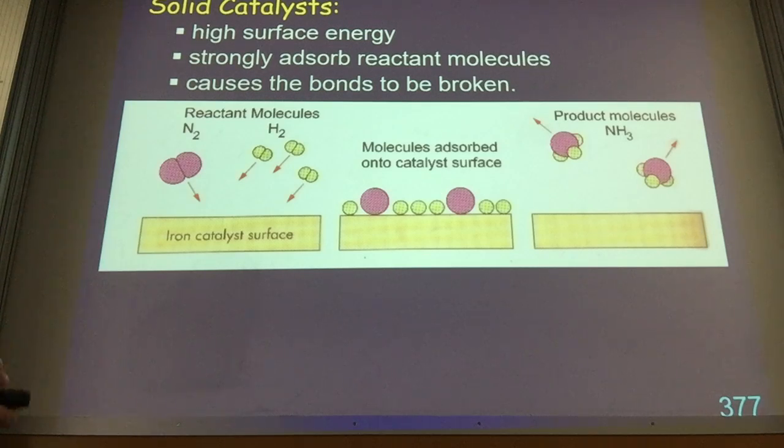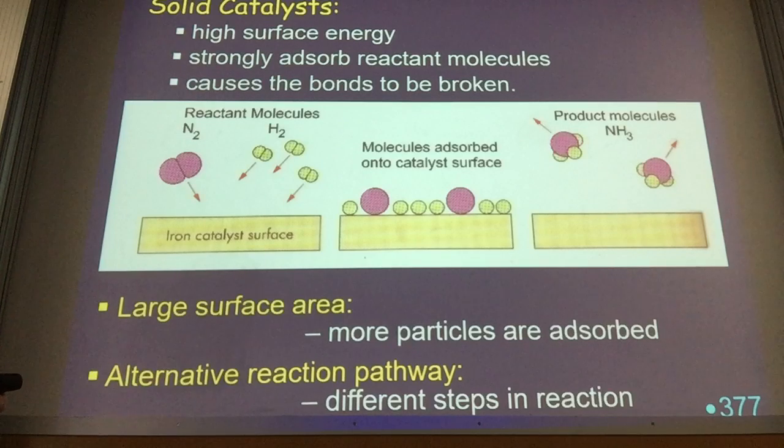And once the bonds break, of course, the product molecules can happily go off. So with a catalyst, we're going to seek to have a high surface area to absorb more particles. That will make it more effective. And just remember that idea of an alternative reaction pathway, with different steps in the reaction.